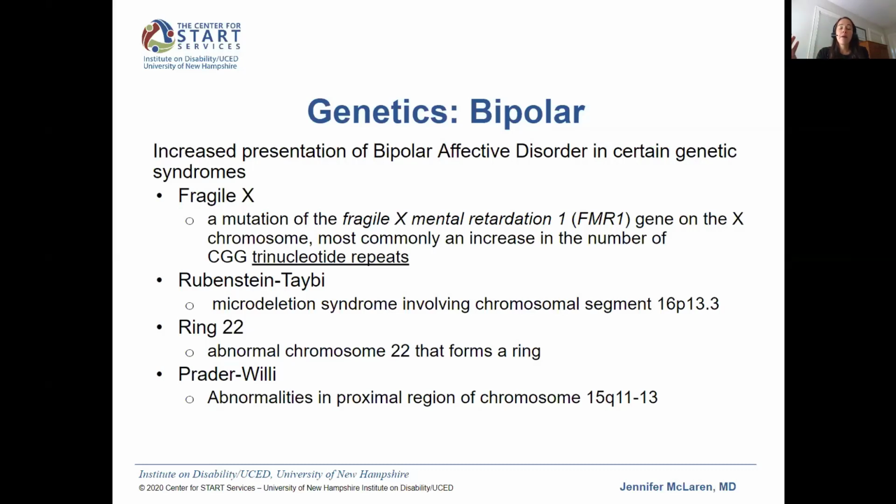For example, bipolar, a severe mental illness, is more likely to occur in individuals with Fragile X, Rubinstein-Taybi, 22q, and Prader-Willi. Certainly, individuals with Fragile X are more likely to have other co-occurring mental illnesses besides bipolar, like anxiety, ADHD, or autism. But I was just giving you an example of what genetic conditions are more likely to occur with some severe mental illness.